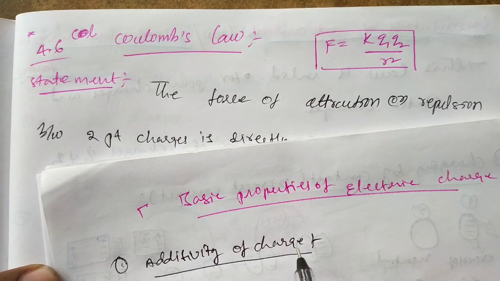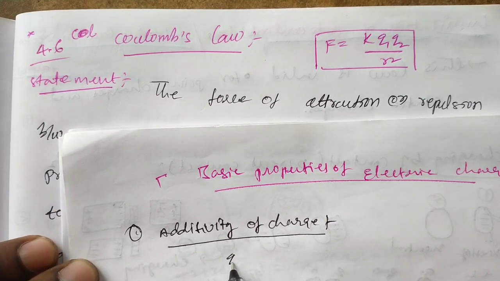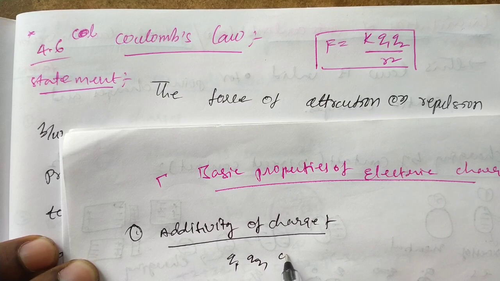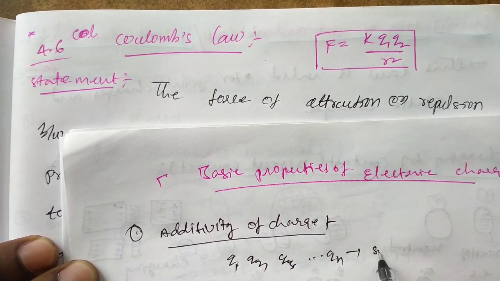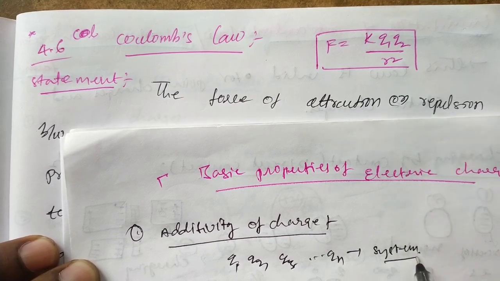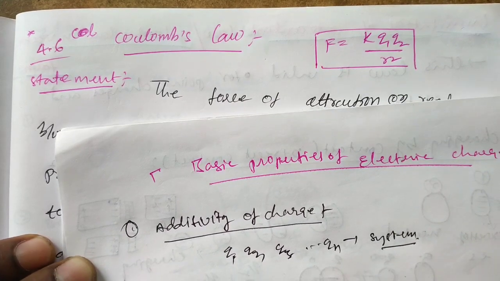The additivity of charge means we can add the algebraic sum of the individual charges of the system. Suppose a system has a number of charges, q1, q2, q3 up to qn. What is the net charge?